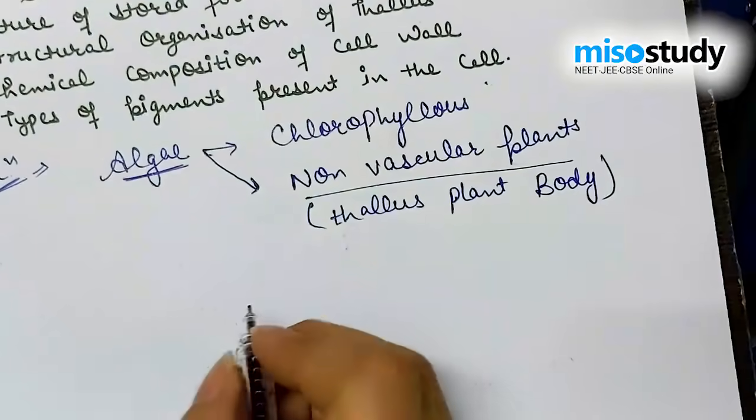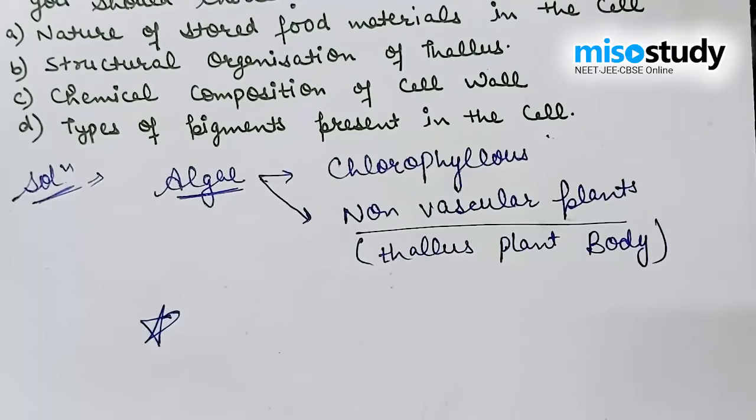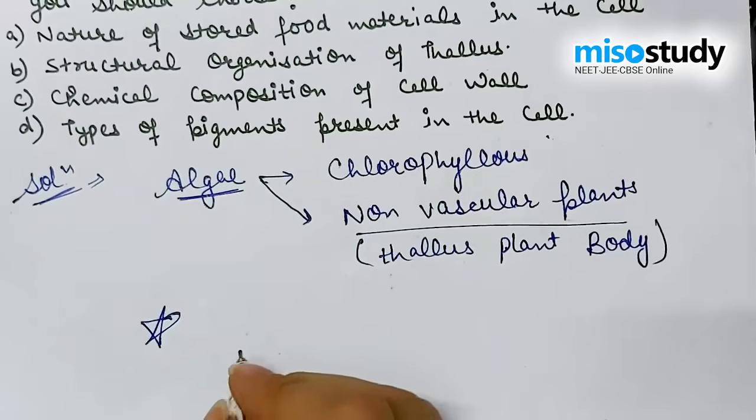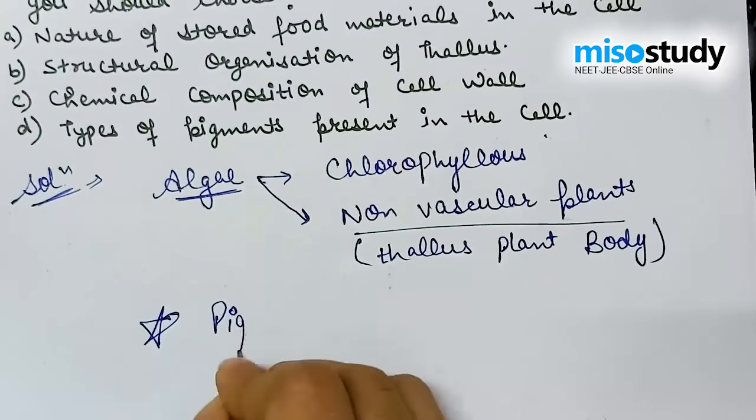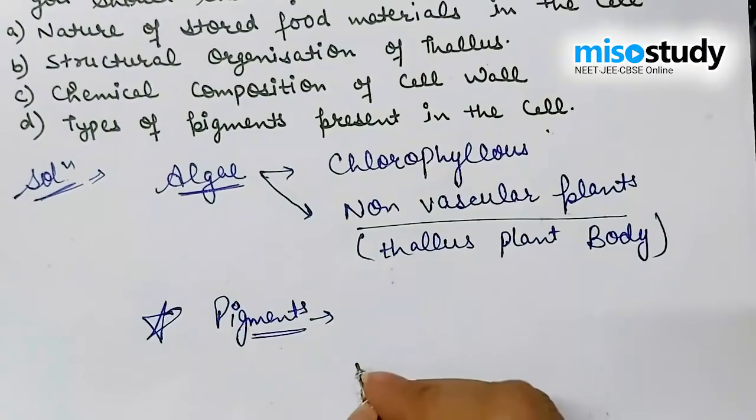We all know different algae. Different types of algae vary from each other on the basis of their pigments basically. What kinds of pigments are present in the algae?